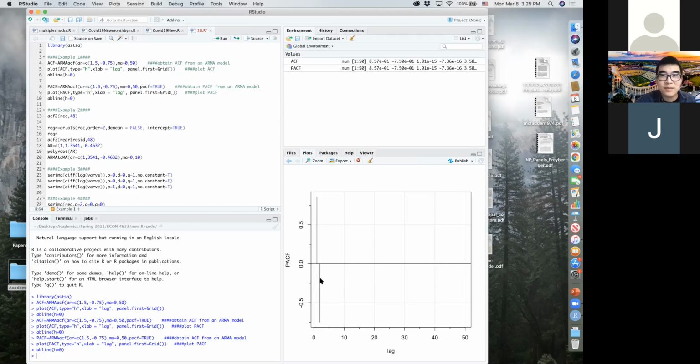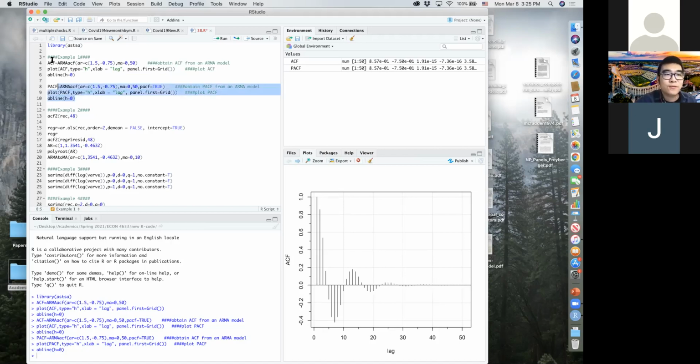This is exactly what we have from our results: if we are considering an AR(2) model, then the PACF should cut off at lag number 2. And the ACF plot of this AR(2) model is again exactly the same as our results. We do not find a clear cutoff point, but we do see a decreasing pattern of the ACF.